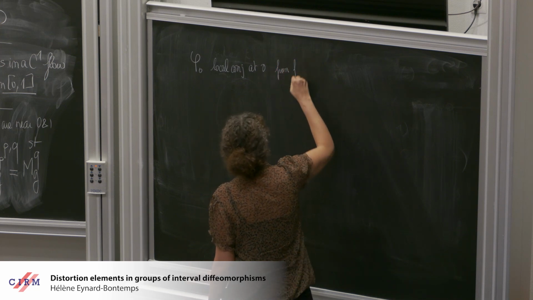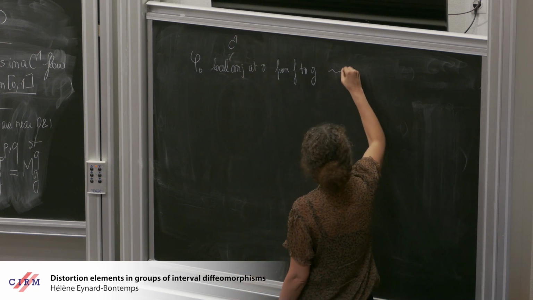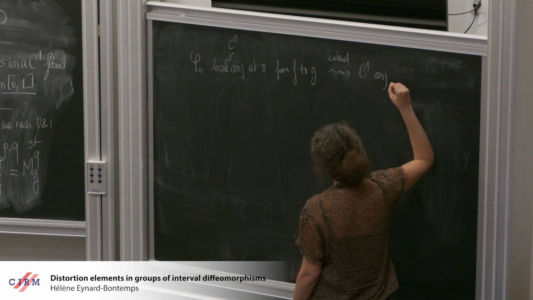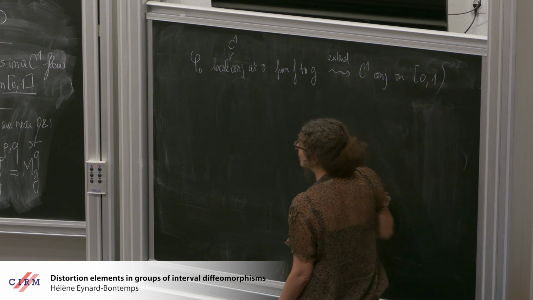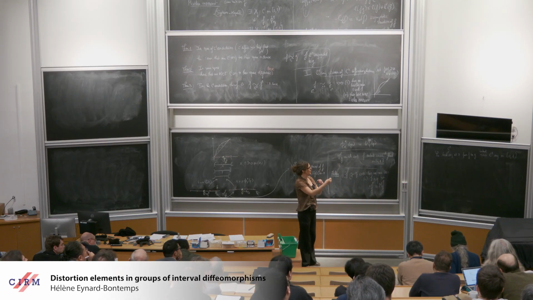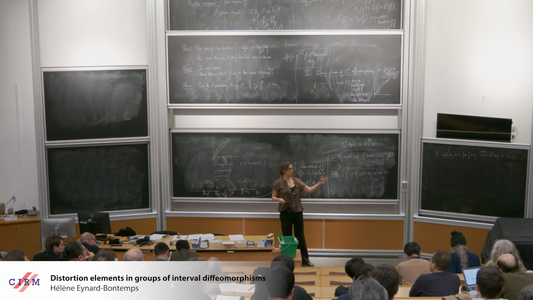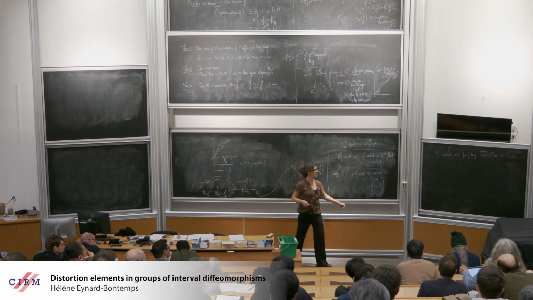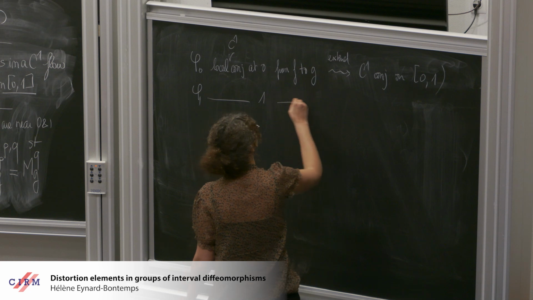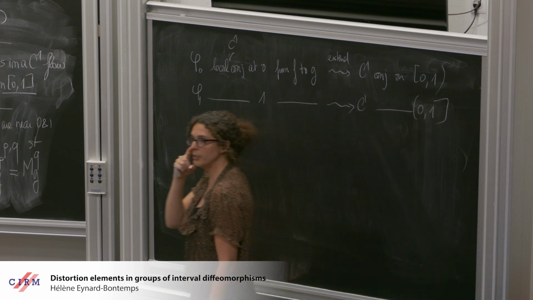from f to g, a C1 conjugacy, obviously, you can extend it to a C1 conjugacy on the interval minus 1. Just by writing the conjugacy relation, there is a unique way to extend your conjugacy to almost all the interval except 1. And same thing, if you have another conjugacy at 1, you can extend it to a conjugacy on the other semi-open interval.